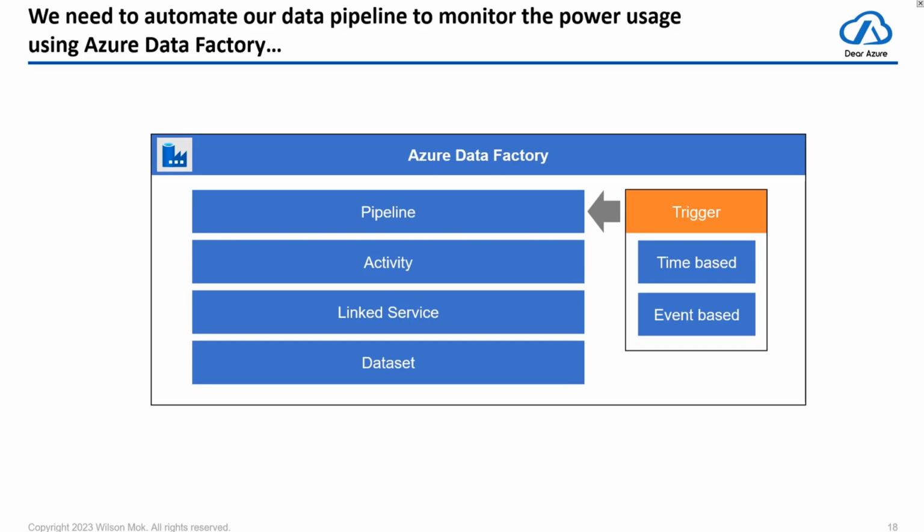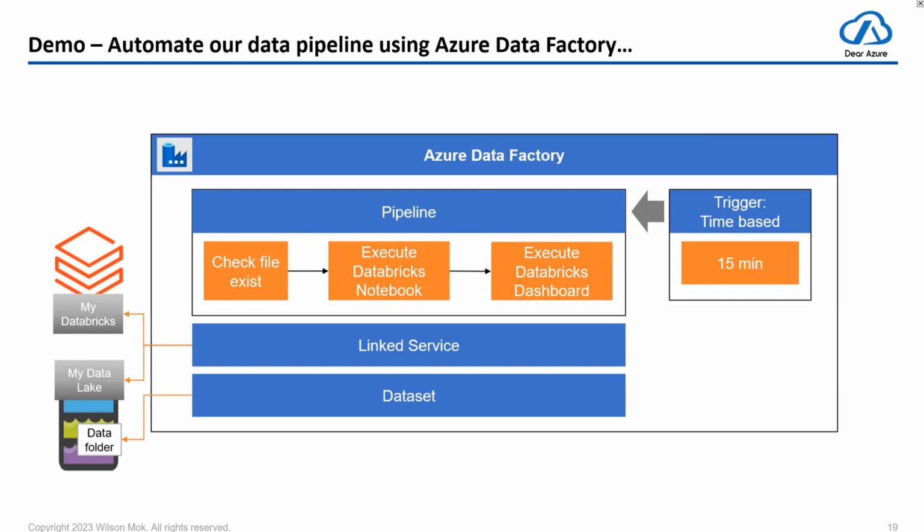The event-based scheduler has a use case of detecting when a file has landed in the data lake, and then automatically starting the pipeline for that file. That's another type of trigger available in Data Factory. But for today, our focus will primarily be on the time-based trigger.